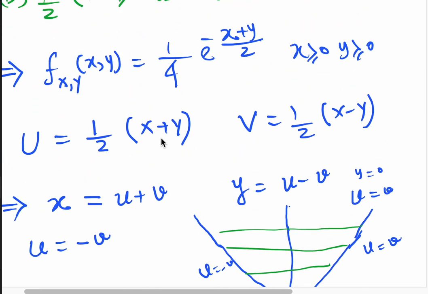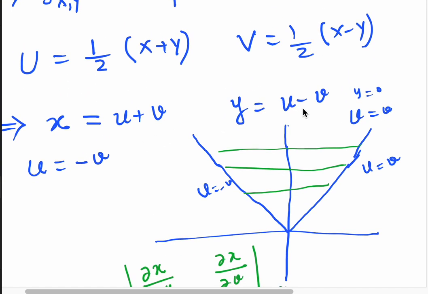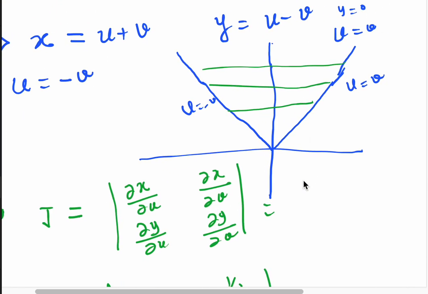So x equals u plus v, and y equals this. So the upper row will be 1, 1, and del y del u will be 1, and this will be minus 1.